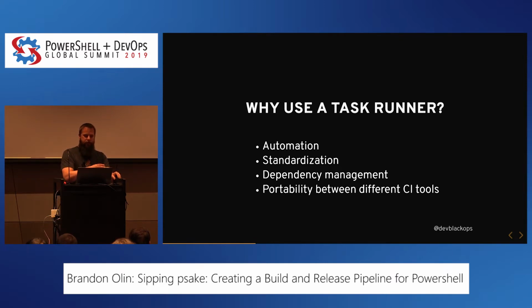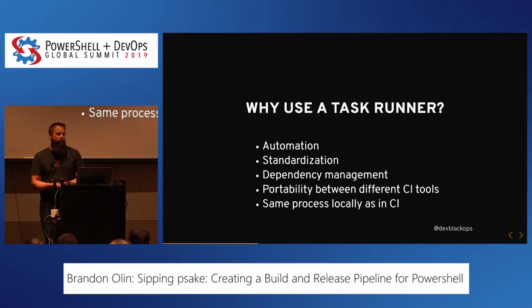But using these external task runners gives you a notion of portability. With that portability, it also allows you to run these things locally on your machine before they go into your CI process. So I can build and test a module locally, then commit it into the CI process and have it execute the exact same way over there, and be assured that it's going to run the same thing.